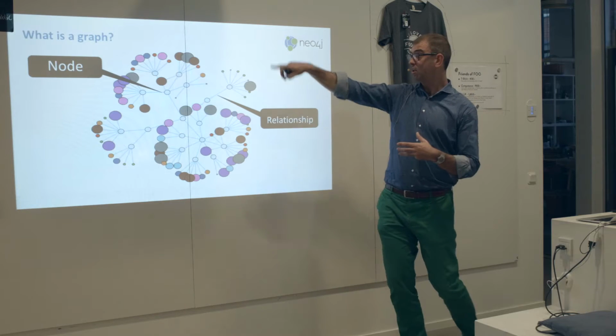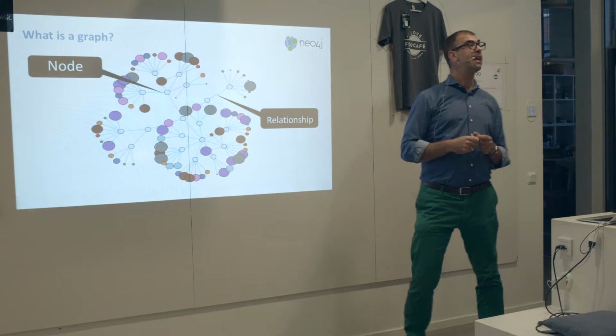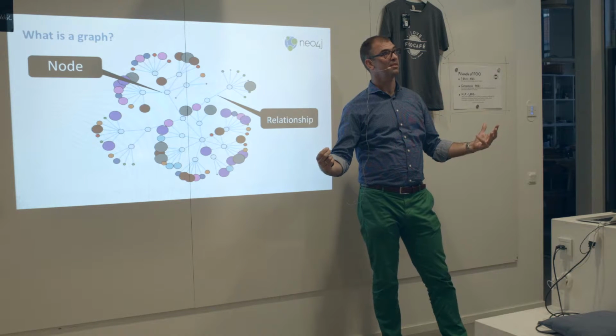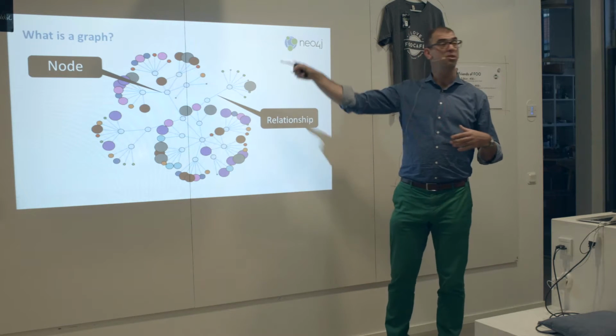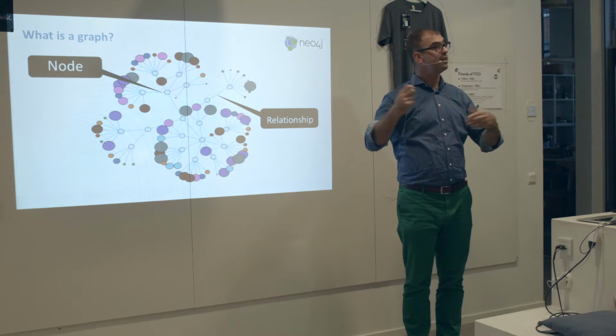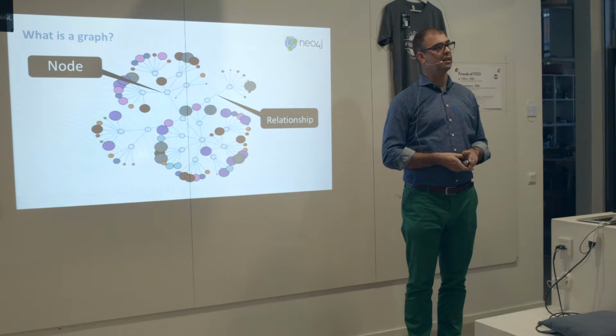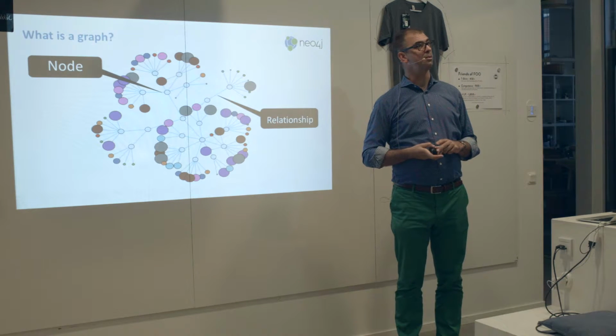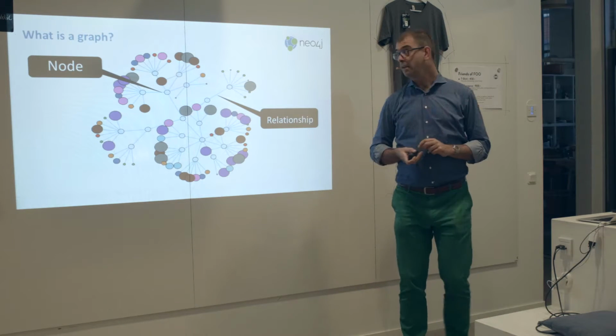And if you have lots and lots of nodes like that, it's like having lots and lots of single row tables, because each one of those nodes can have a different structure. It can have different properties, different attributes, so that's what you should really compare it to.